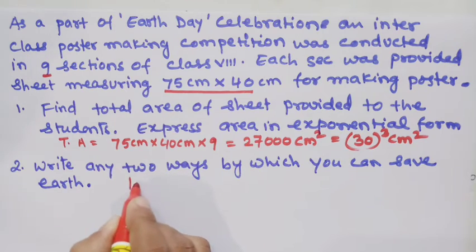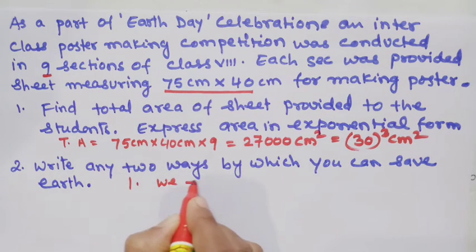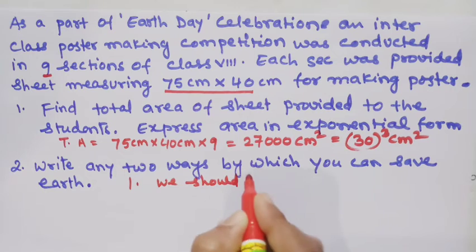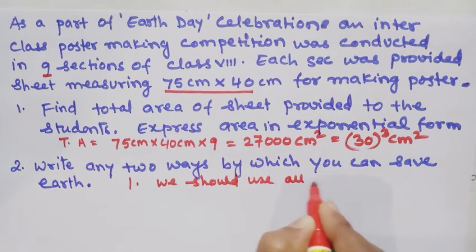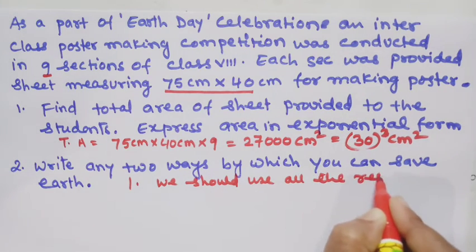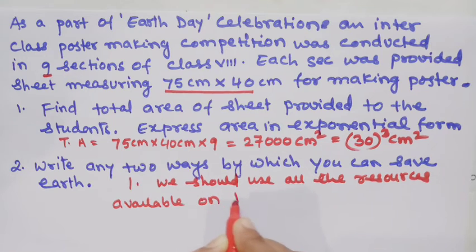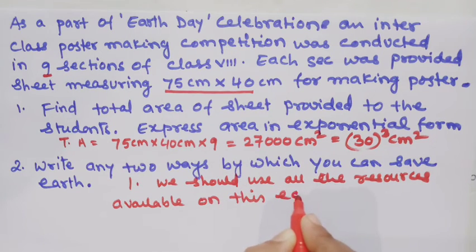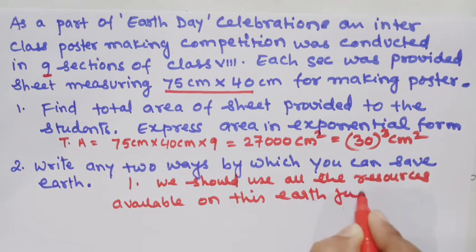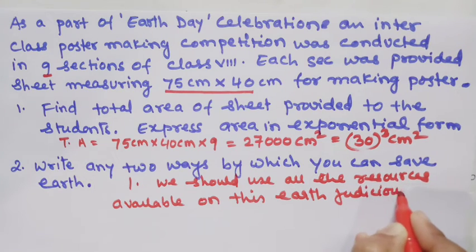So for me, I would say that we should use all the resources available on this earth judiciously. Because if we are using it unnecessarily, then it is destroying Mother Earth as well as the resources.